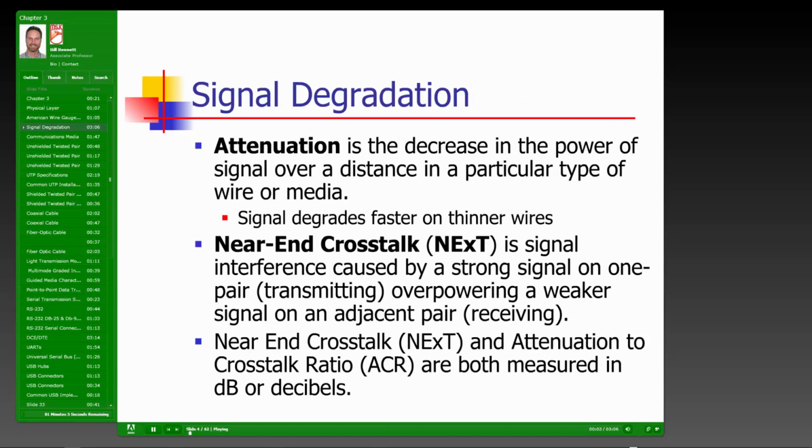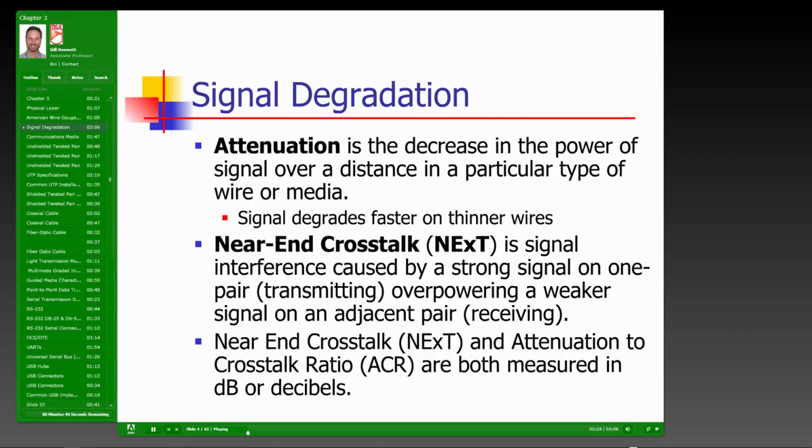Another big concept that you need to understand with regards to electrical-based networks is the concept of attenuation. That is, as the signal travels down the wire, it decreases in power the further it gets away from the sending device. We talked about this a little bit in the previous chapter about the signal to noise ratio.